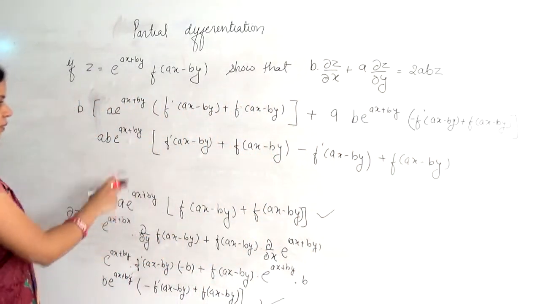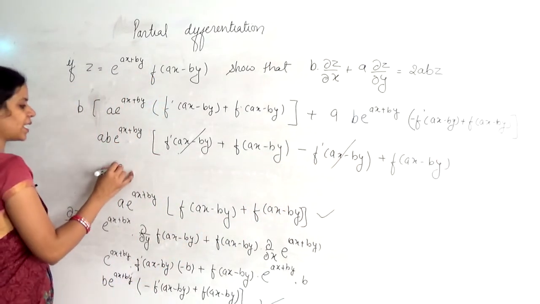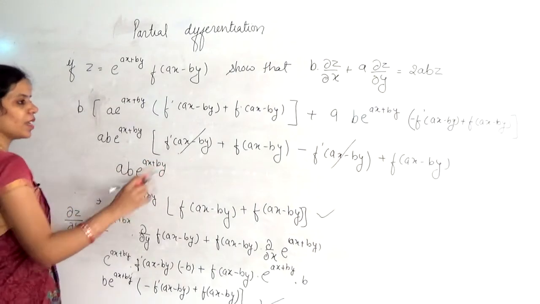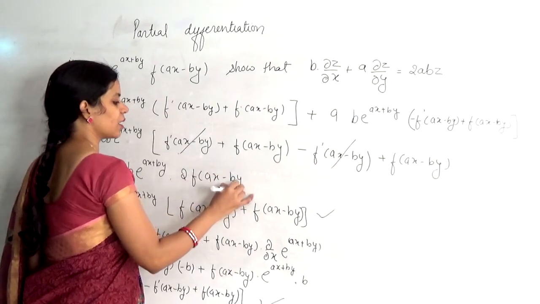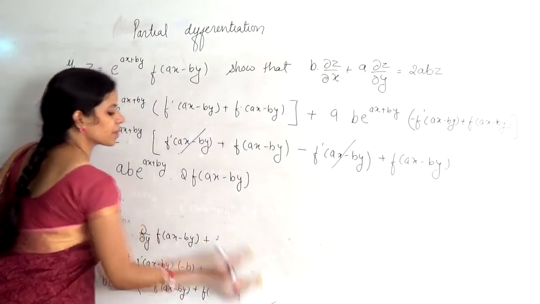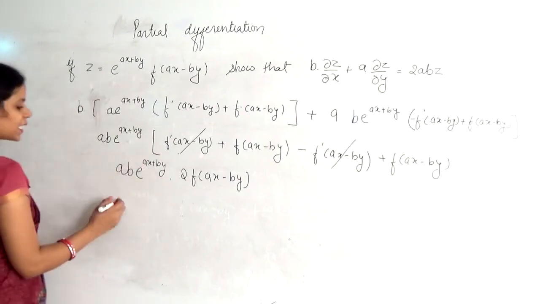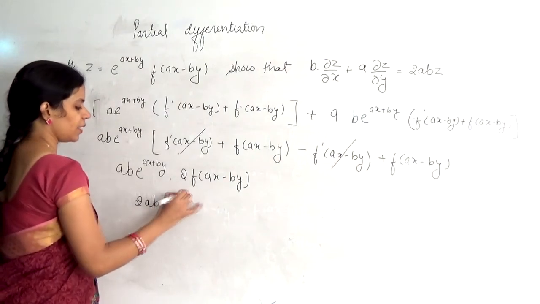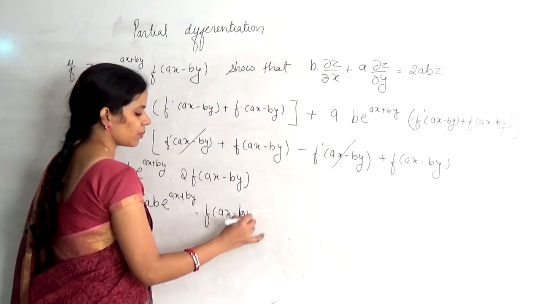We can see from here that these two terms can be cancelled out. So we will get ab e to the power ax plus by into 2f(ax minus by). So we can write it as 2ab e to the power ax plus by into f(ax minus by).